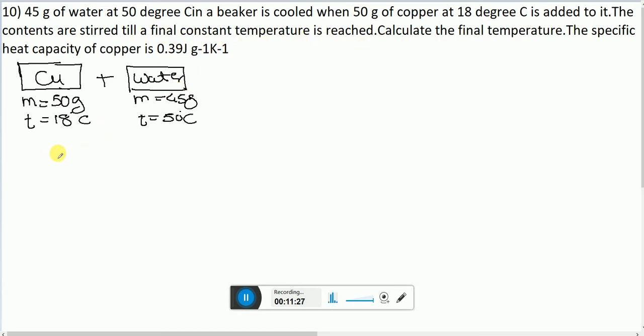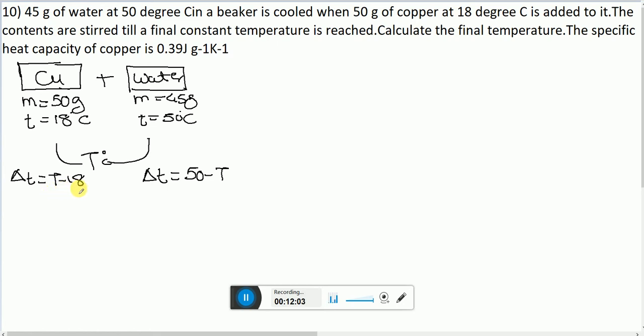Calculate the final temperature. So let's assume that when the piece of copper is added to water, the final temperature achieved is T degrees centigrade. Now they have also mentioned the specific capacity of copper as 0.039. Now temperature difference for copper will be equal to T minus 18, and temperature difference for water it will be 50 minus T. I have seen generally students make mistakes here while writing down the difference.